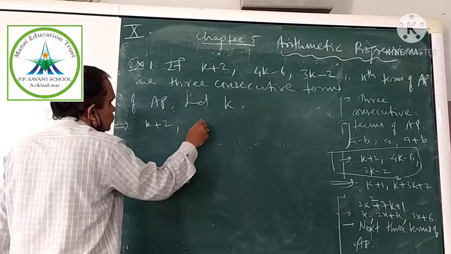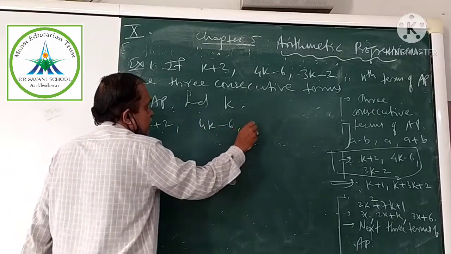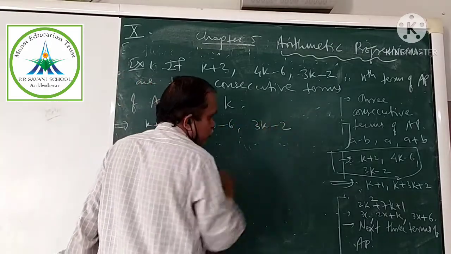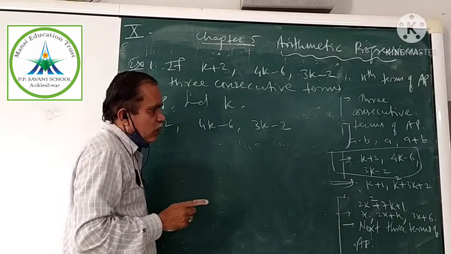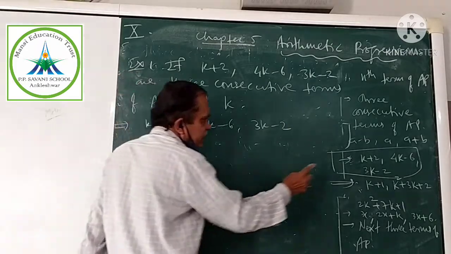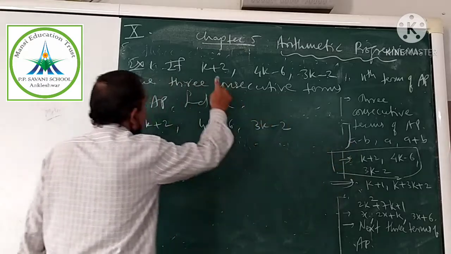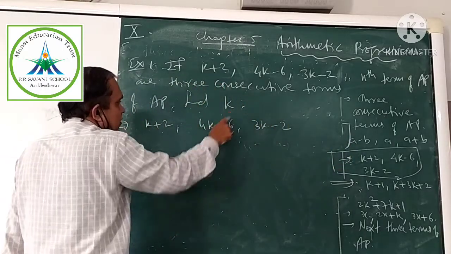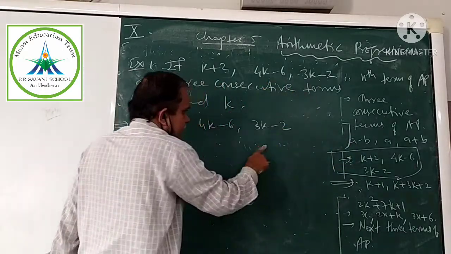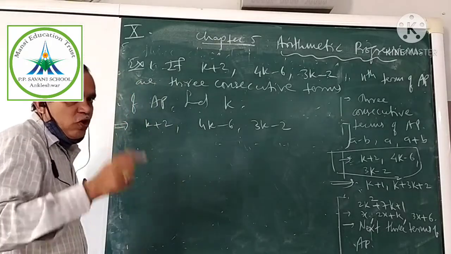K plus 2, 4K minus 6, 3K minus 2. While copying the example from the question paper, please check the plus 2 and the minus properly. A slight mistake will give you a wrong answer.